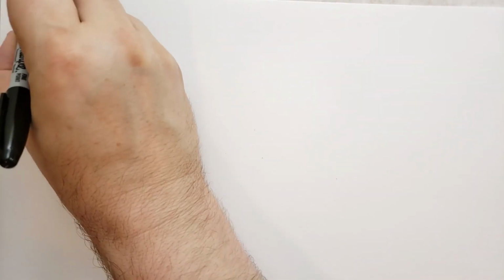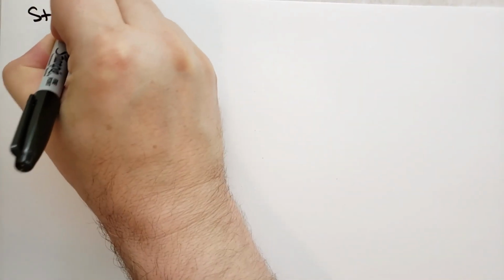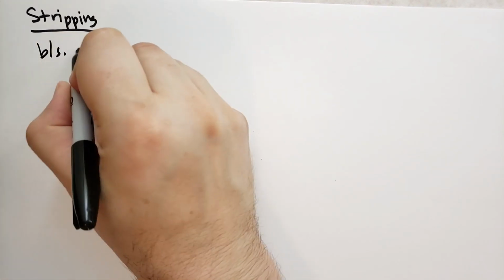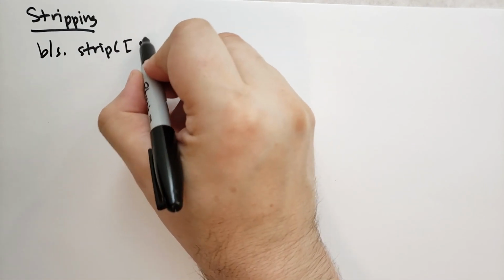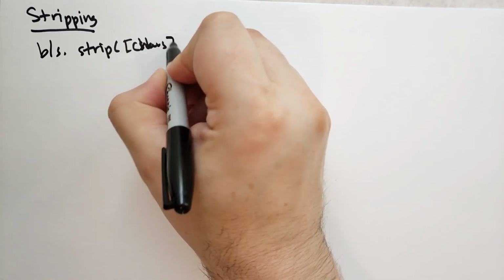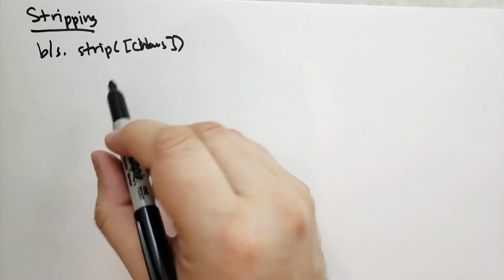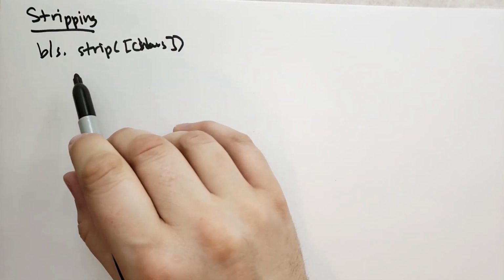Well, let's talk about stripping. Stripping is removing characters from the end or the beginning. There is bytes or string.strip. You can specify a class of characters you want to strip. If you don't specify, it's going to strip white space. This will return a new string or bytes that doesn't have the stripped characters at the ends.